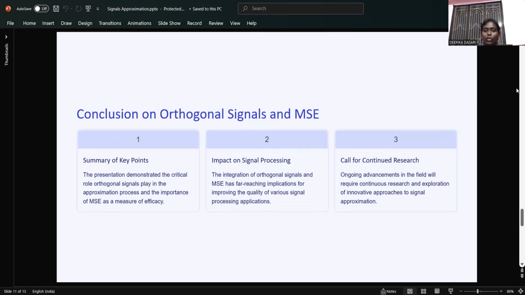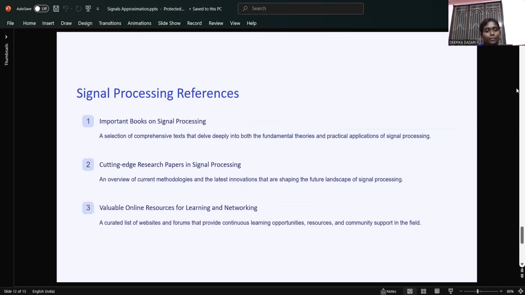The integration of orthogonal signals and mean square error has far-reaching implications for improving the quality of various signal processing applications. And finally, the call for continued research: the ongoing advancements in the field will require continuous research and exploration of innovative approaches to signal approximation.